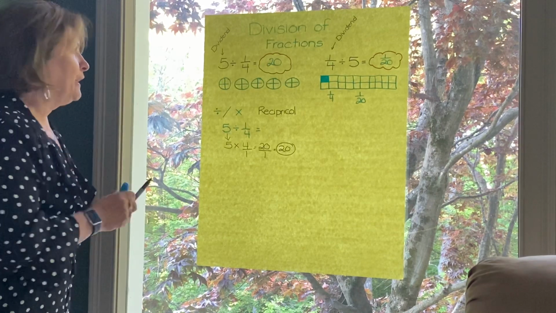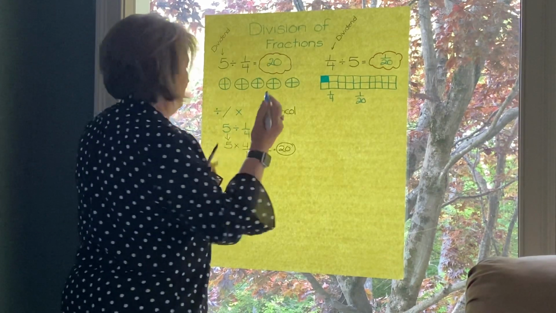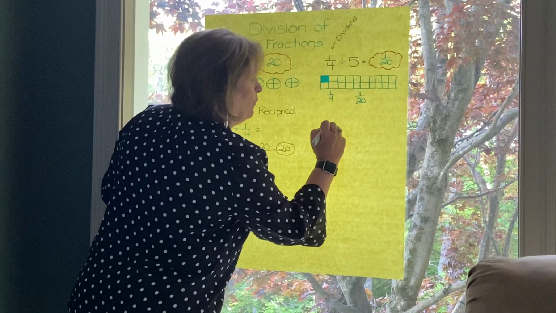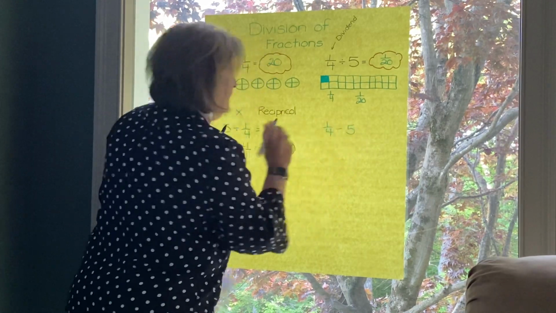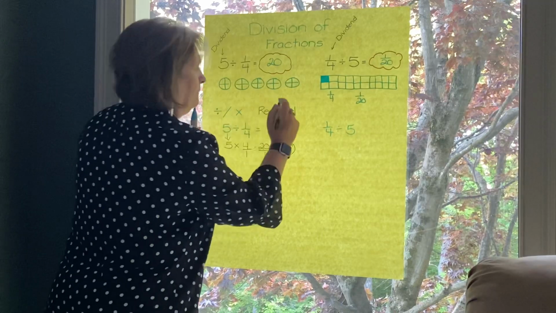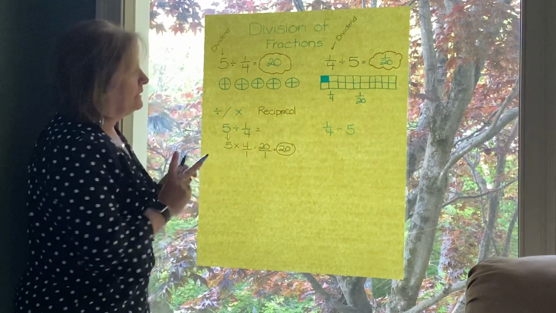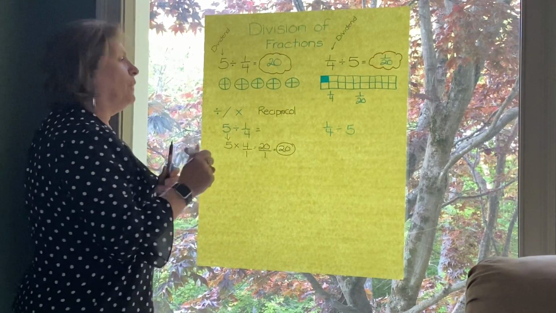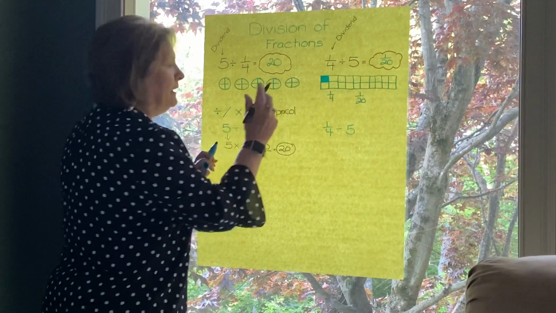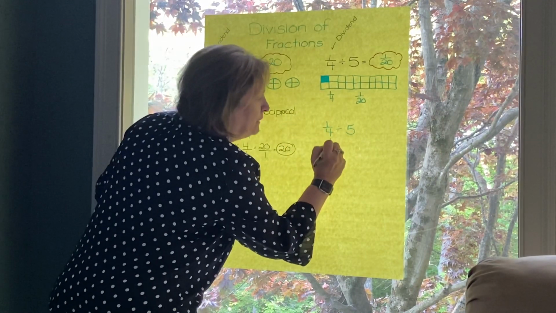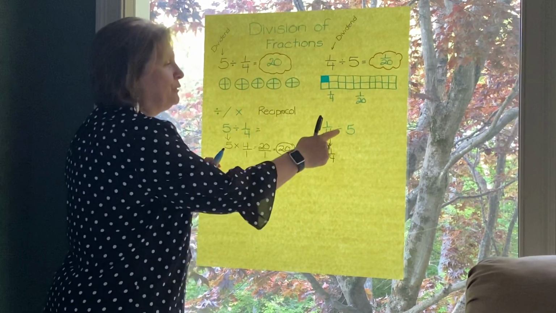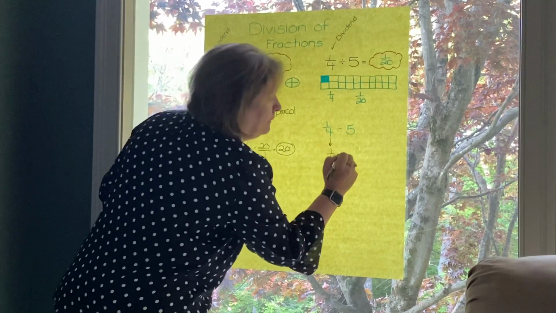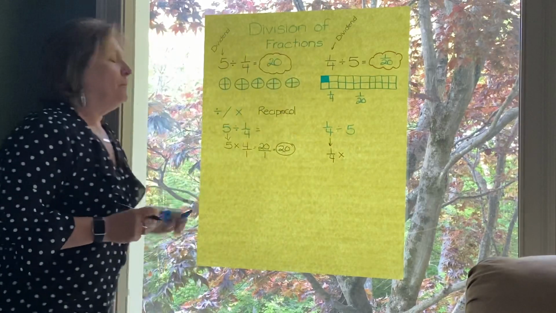So let's look at 1/4 divided by 5. Actually, that's spelled like that. All right, so 1/4 divided by 5. So again, we keep the dividend the same, 1/4. We do the inverse of division, which is multiplication.